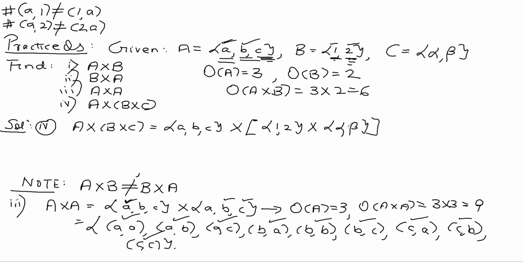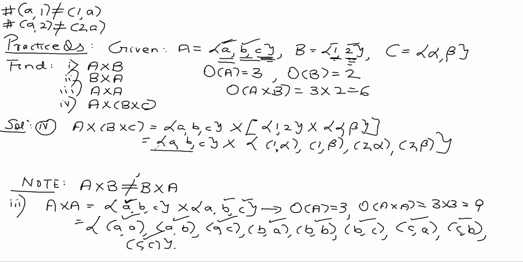Guys, let's first solve the term in the brackets. This remains the same, but this will be (1,alpha), (1,beta), (2,alpha), (2,beta).